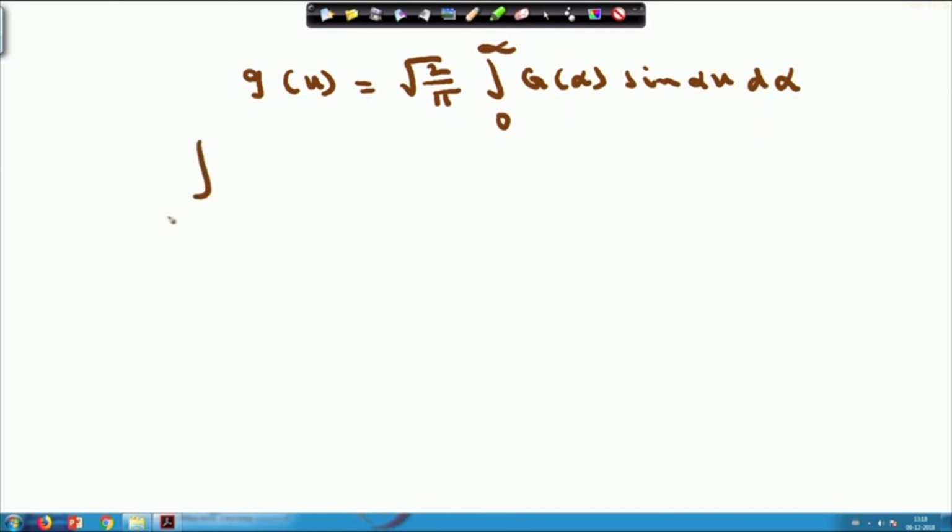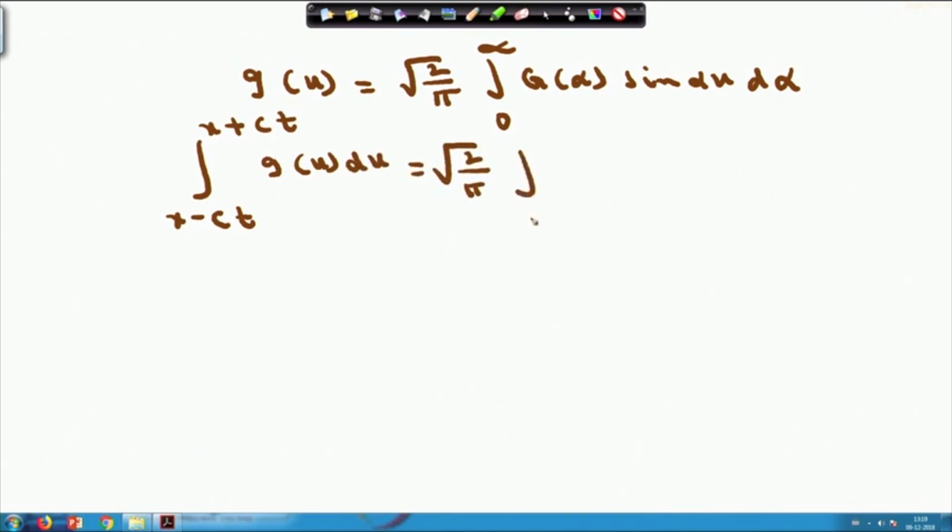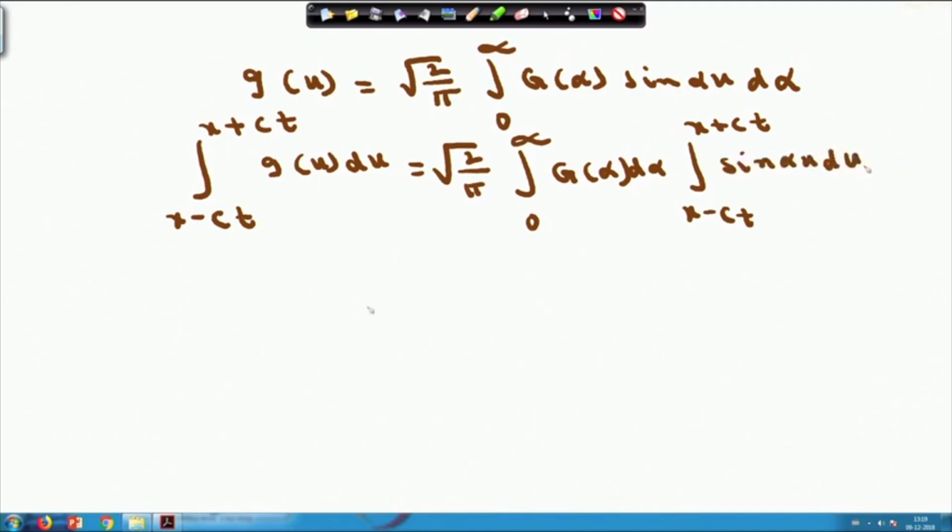If you integrate it from x-ct to x+ct of g(u) du, you see how we are transforming it: root over 2 by pi, integral 0 to infinity, G(alpha) d alpha, and x-ct to x+ct, sin(alpha u) du.